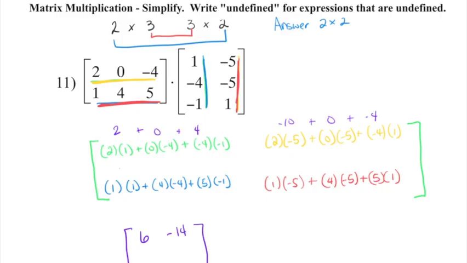Second row, 1 times 1 plus 4 times -4 plus 5 times -1, sorry. So -16 plus 1 plus -5 gives me -20. And then the last one, -5 times 1, 4 times -5, 5 times 1. -5 plus -20 plus 5 is -20. And I am done.